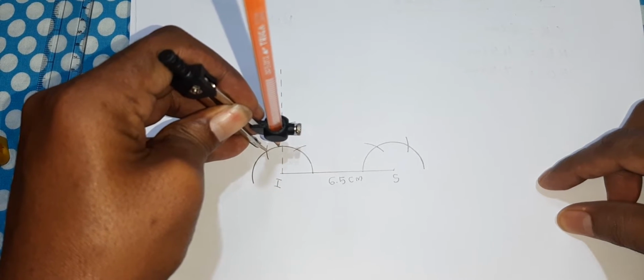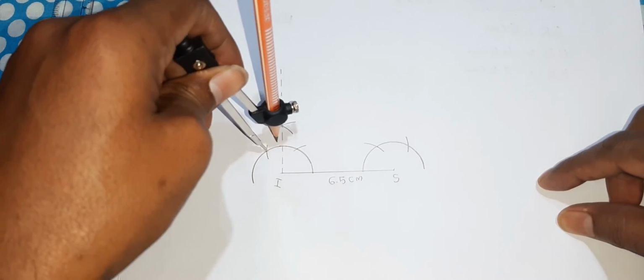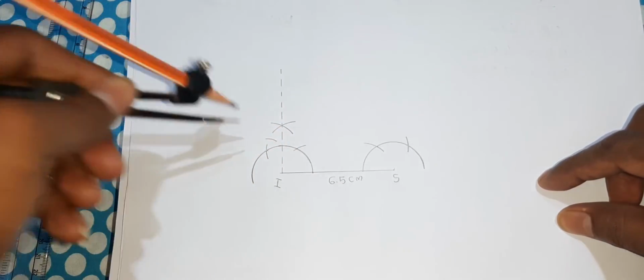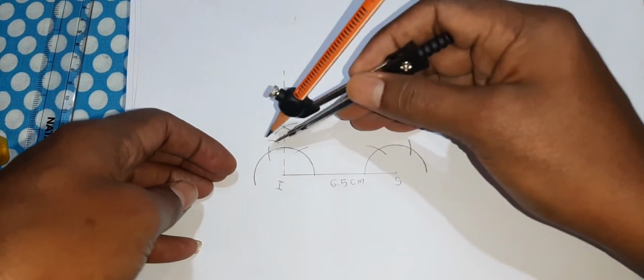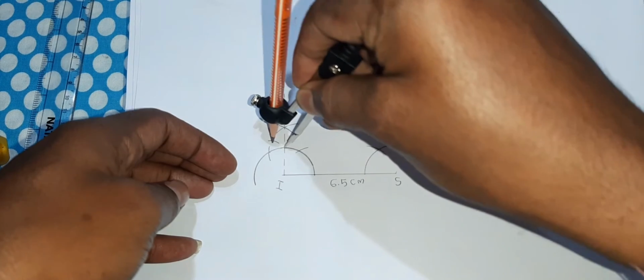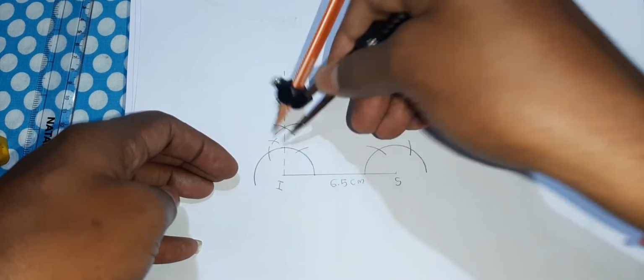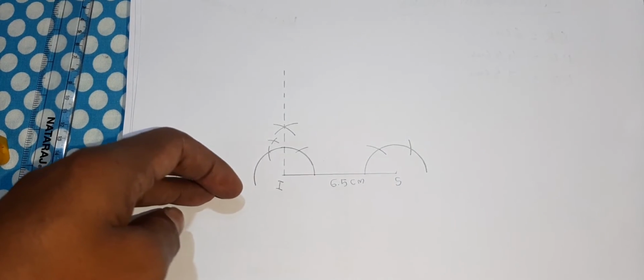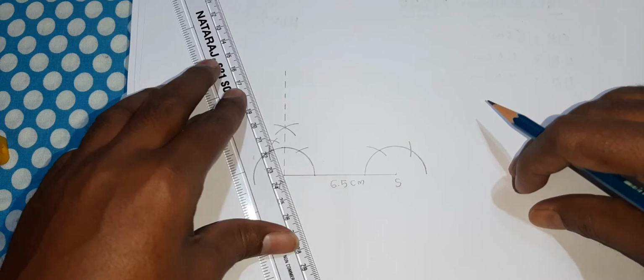Like this. Okay? Little bit. Then draw the arc. From here you can take this. Right? Now from I you just extend that line, that is 105 degrees.